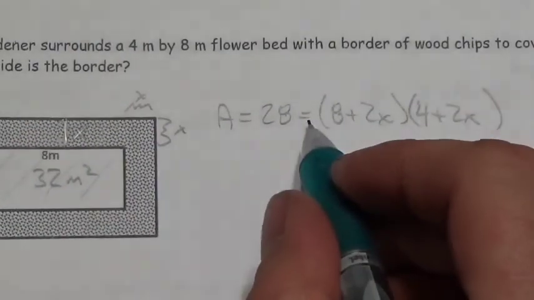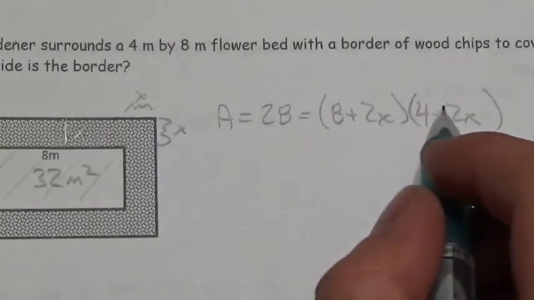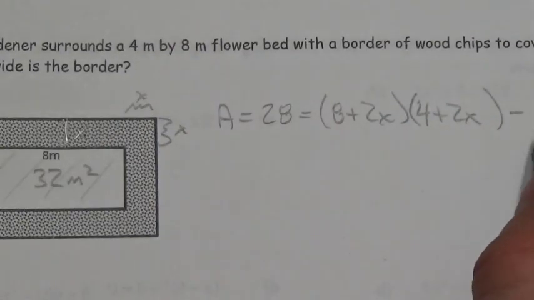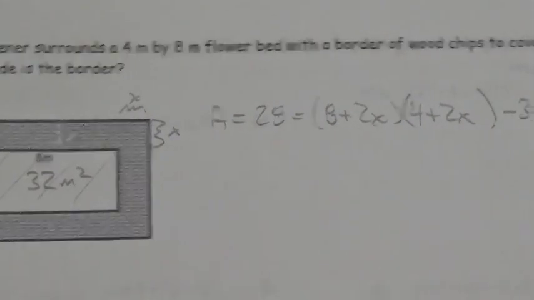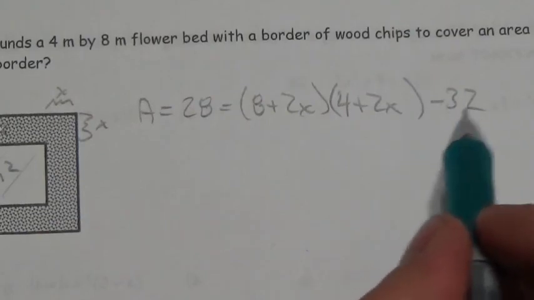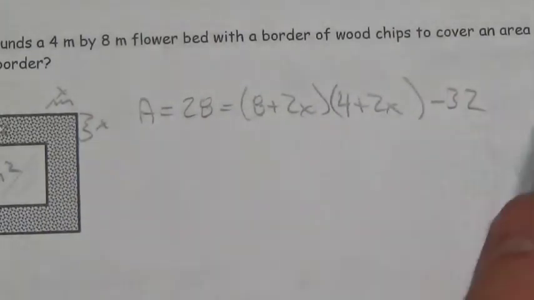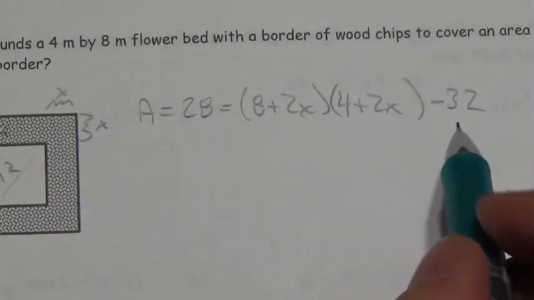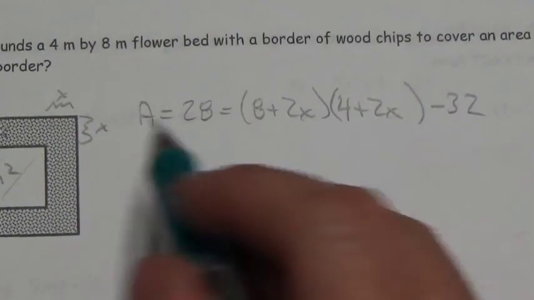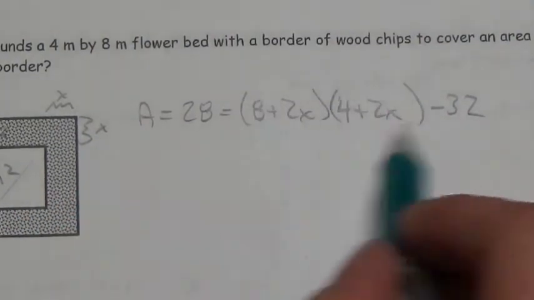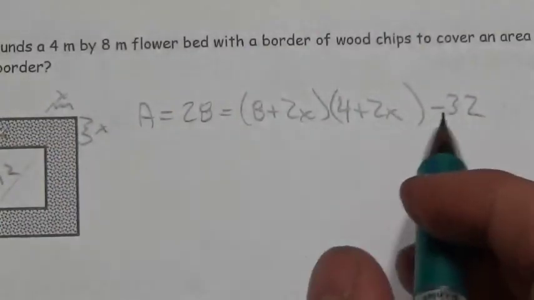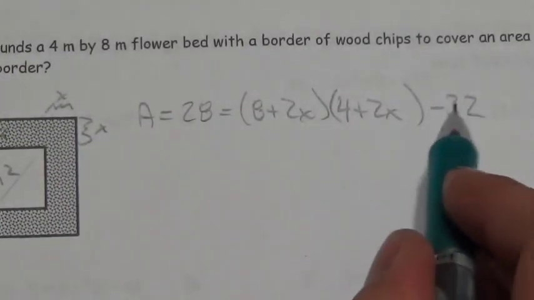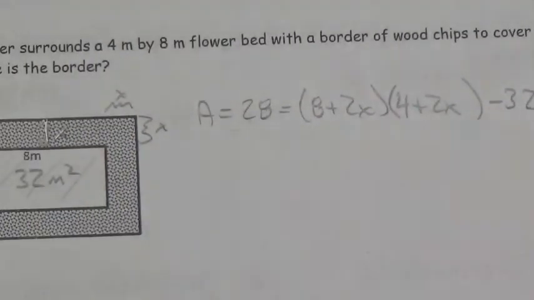Then from here I'm going to subtract the 32 meters squared that you get for that middle flower bed. So this is the whole rectangle, including the flower bed and the border. This is just the flower bed, and the difference is supposed to be 28.